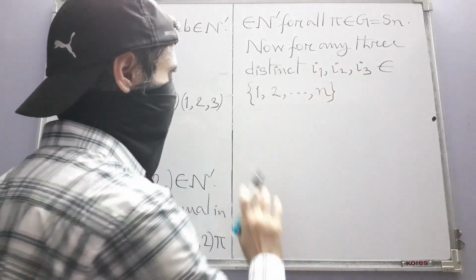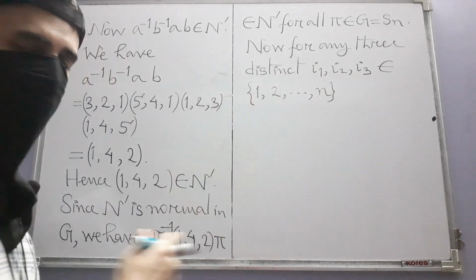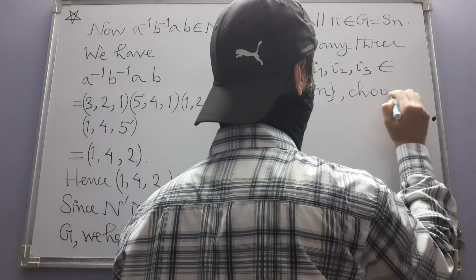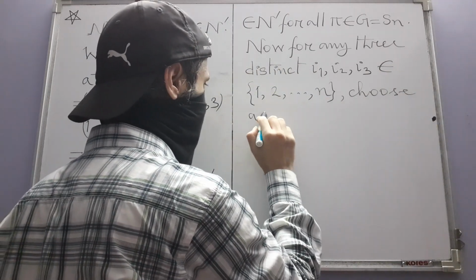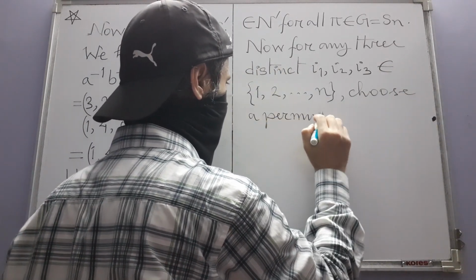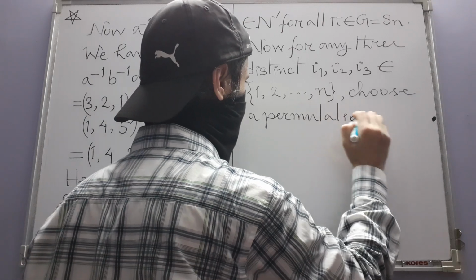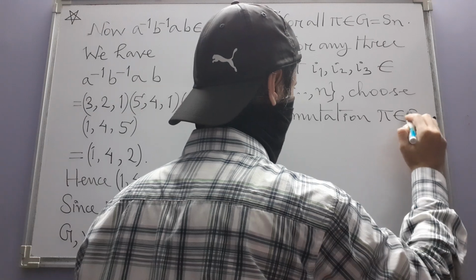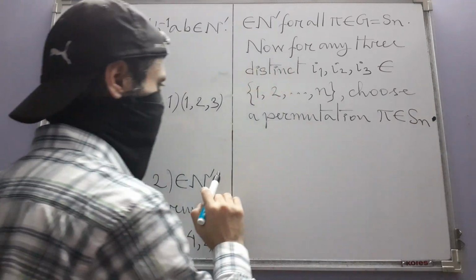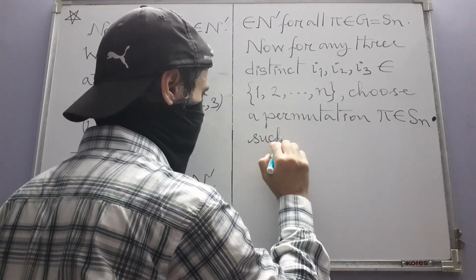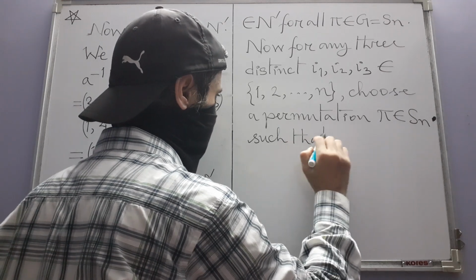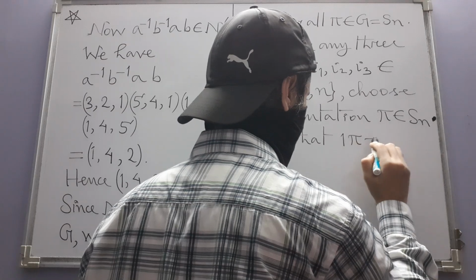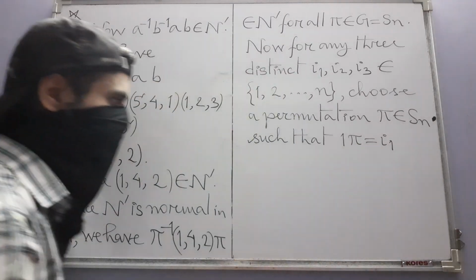For any 3 such distinct symbols, that means these are all different from one another, choose a permutation pi in Sn, which is our G, such that the pi image of 1 is I1.